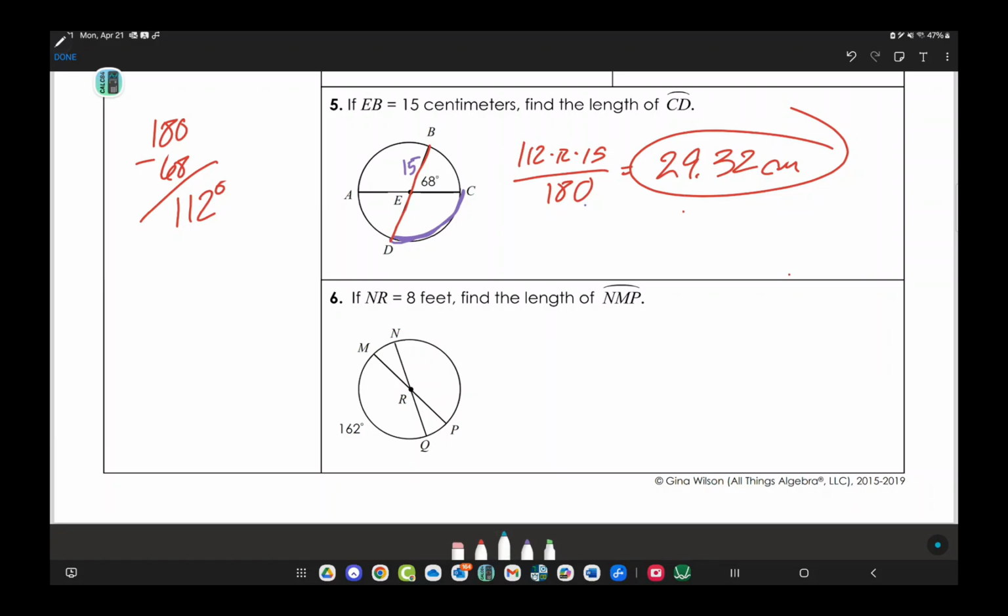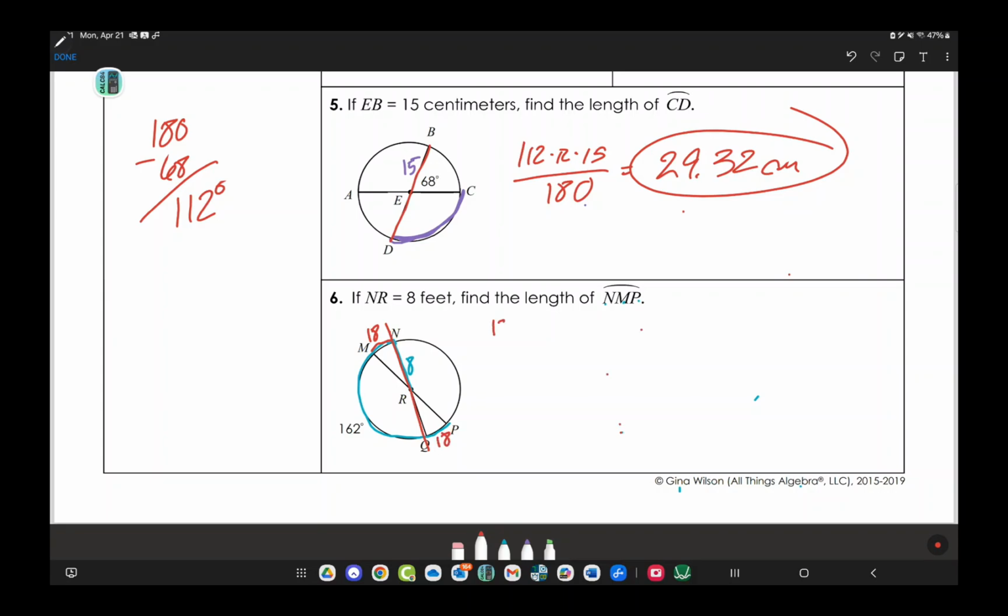Okay, given that NR is 8, so the radius is 8, find the length of NMP. So this arc right here. Similar concept, we're going to take this as a semicircle. So we're going to find this arc measure here, MN, to be 18.